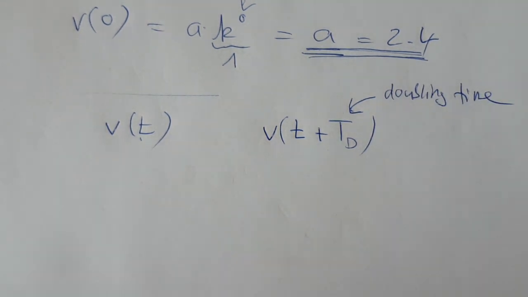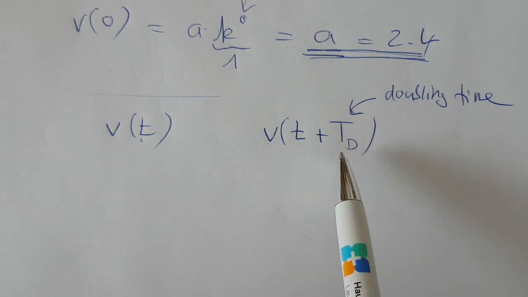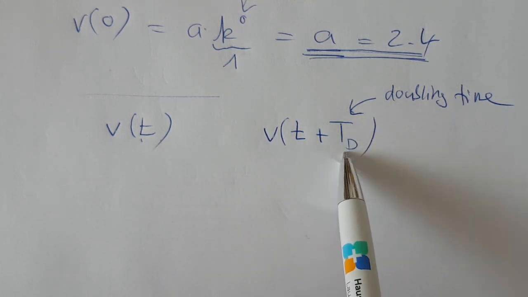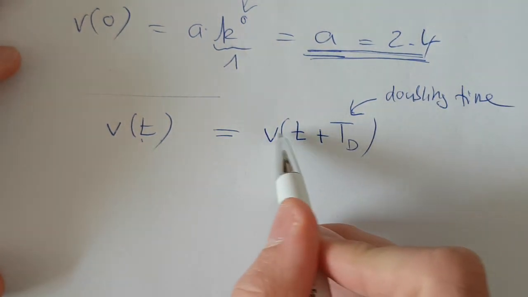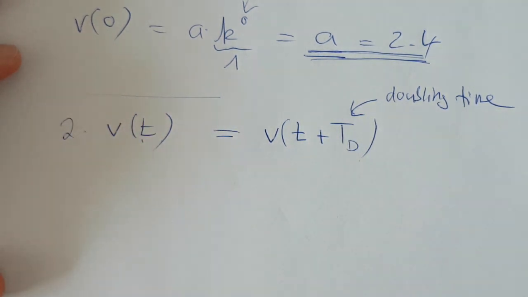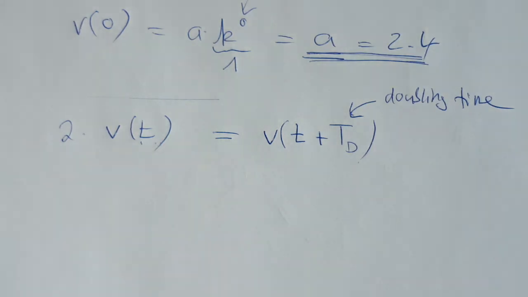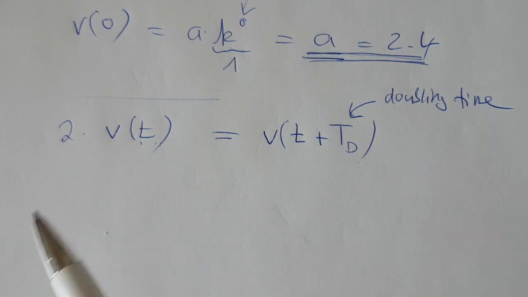So we look at the number of vaccinated people at time t, and then put the doubling time on top of t. By definition of the doubling time, the number of vaccinated people at this point in time is double the number at this point in time, because we moved the doubling time forwards, and within this time the number doubles.